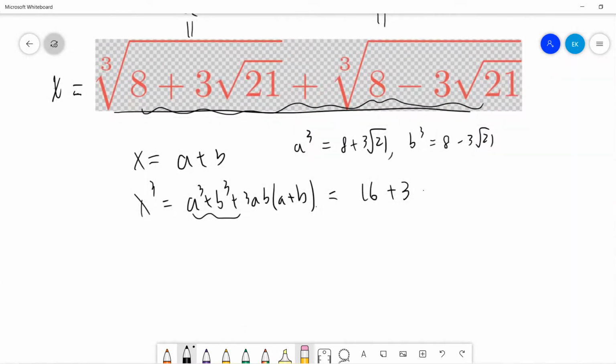Now we need to compute this. You see a plus b is x, so we need to compute a times b.